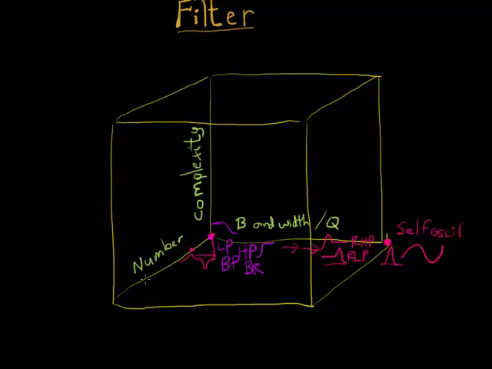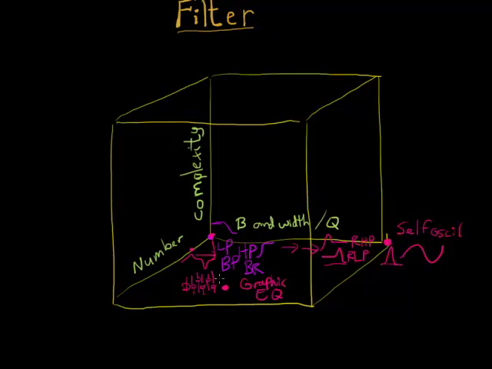If we go out here with lots of simple filters, a graphic equalizer might be somewhere around here, where the bandwidth is inherently smaller because you have lots of different filters, just because of the nature of the graphic equalizer. And so it's out here, but they're very simple, so it doesn't have much complexity to it.